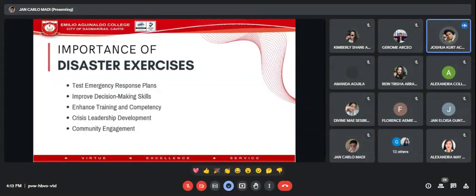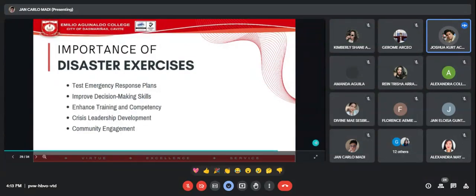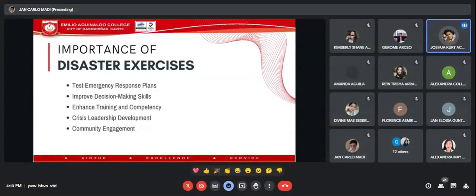And lastly, yung community engagement where it involves the community. So basically lahat ng mga nabanggit dun sa taas is pwede silang i-integrate sa community. And it also fosters a sense of shared responsibility and preparedness for those people in that certain community. And it also educates the public about searching procedures, yung mga evacuation routes, importance and preparedness nila when disaster strikes.